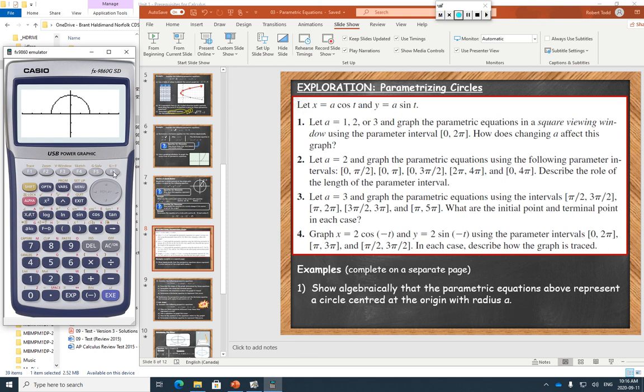Exit. F2, F1, get rid of that. And then I'm going to try and just go cos t, sine t. Really start over again. Wow, that didn't work either. Scale, dot, pitch.